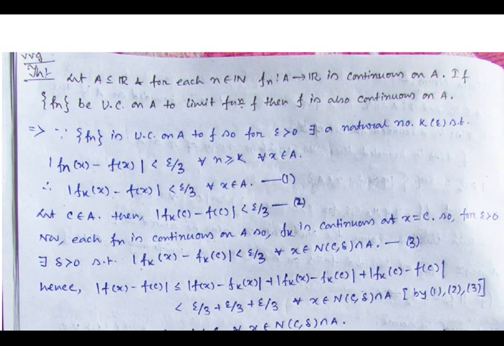Since a condition is given here that each and every term of the sequence of functions is a continuous function, we can say that f_k(x) is also a continuous function.